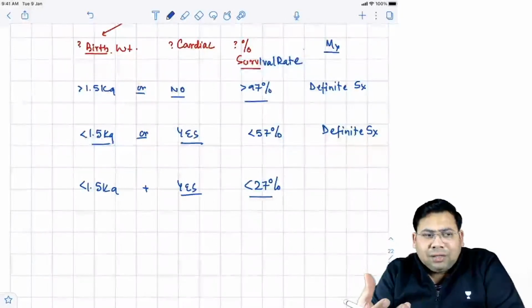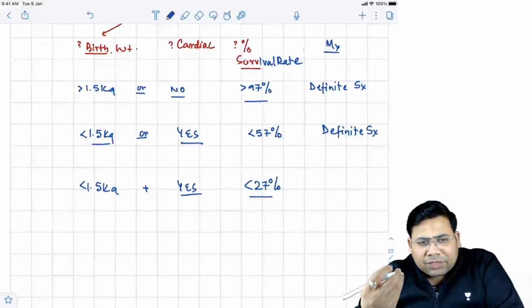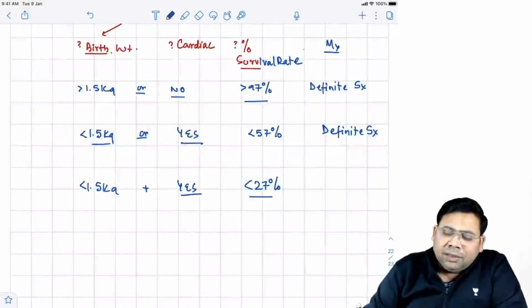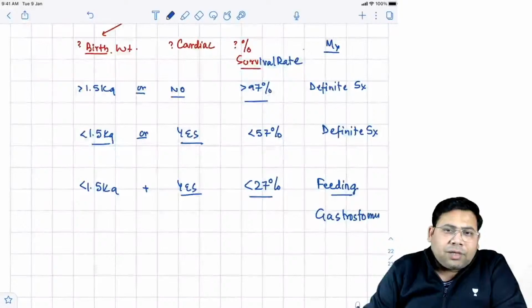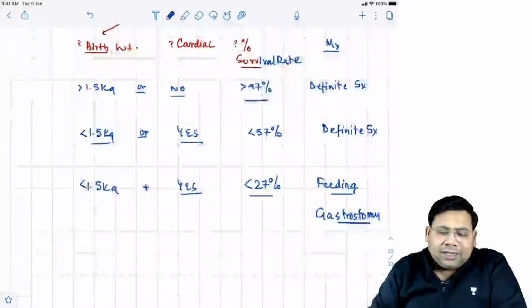Cardiac status is too weak, and the baby's birth weight is too low to sustain the effect of general anesthesia. So for them, you will first go for feeding gastrostomy. This is the modified Spitz criteria.